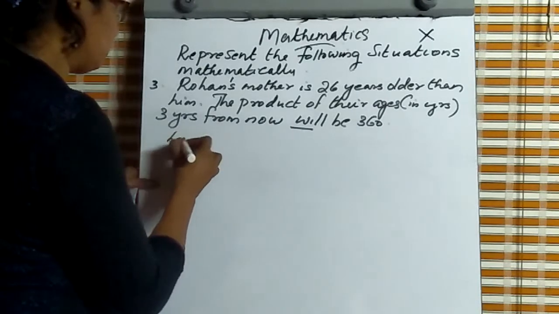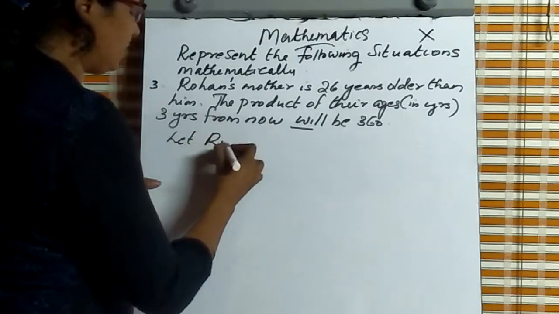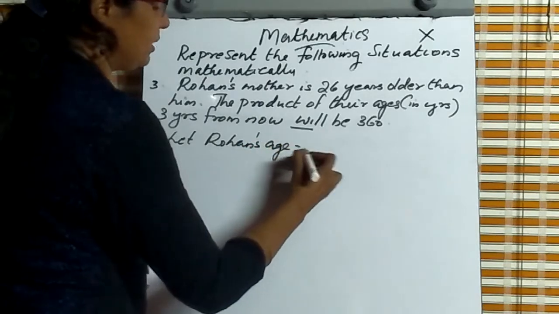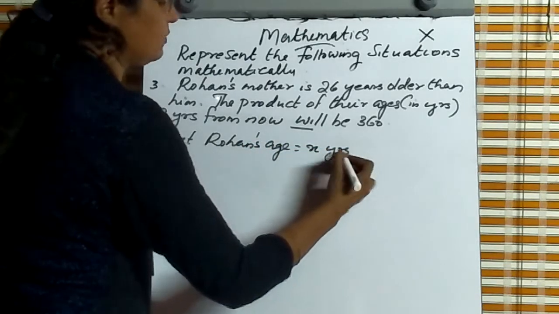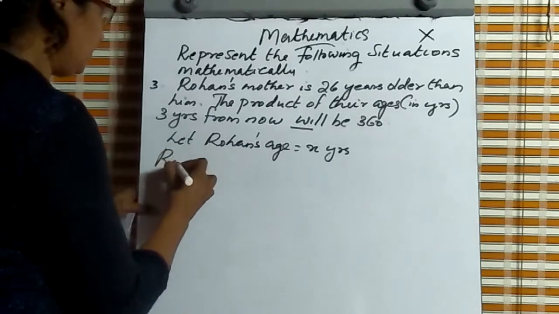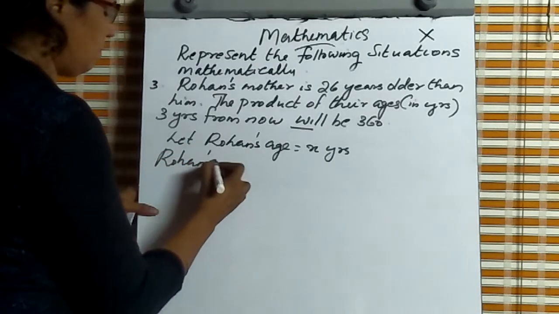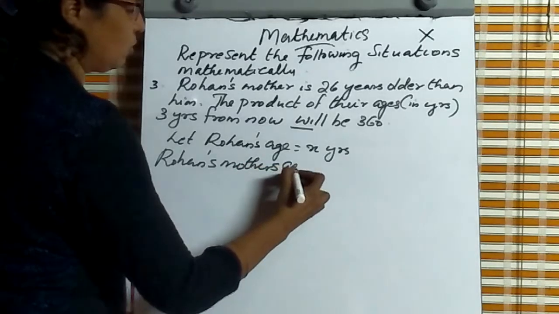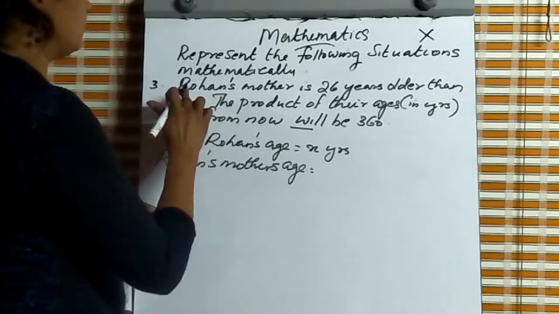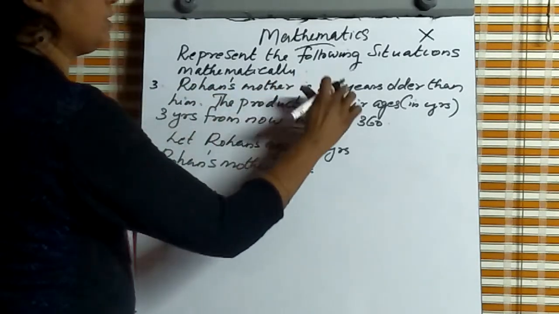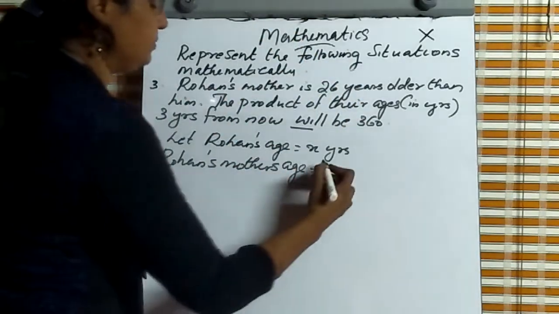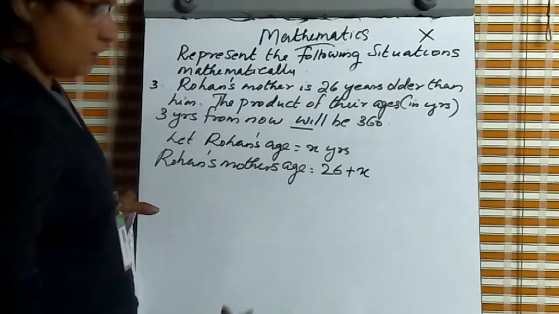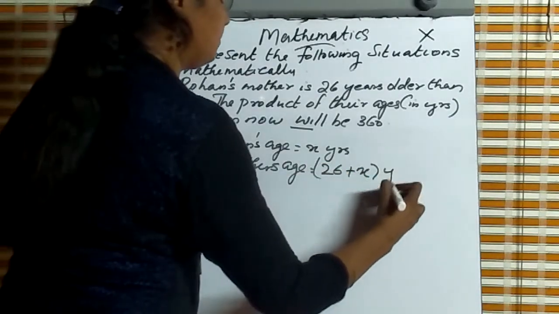First, Rohan's mother is 26 years older than him. So we assume Rohan's age is x years. What is Rohan's mother's age? According to the given statement, Rohan's mother is 26 years older than him. That means 26 plus x, or x plus 26 years.